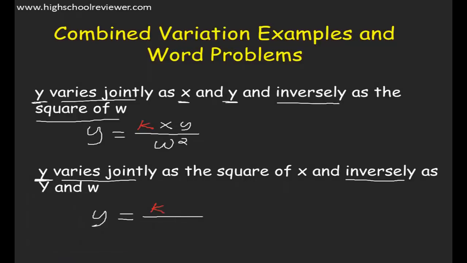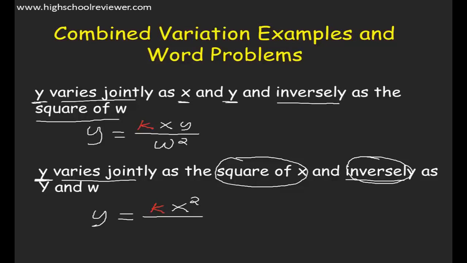And this will be multiplied by the variables that vary jointly. The variables that vary jointly, we only have one, and this is the square of x. So k will be multiplied by the square of x, or x squared. And then for our denominator, these are the variables that vary inversely.